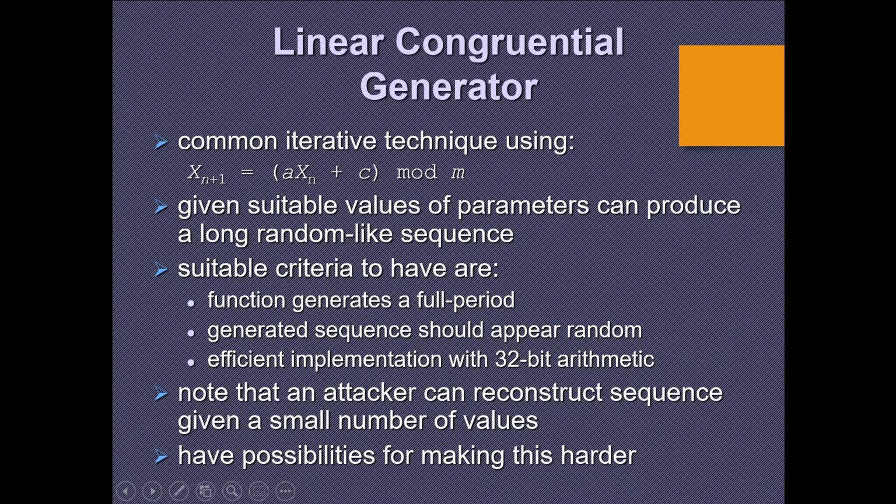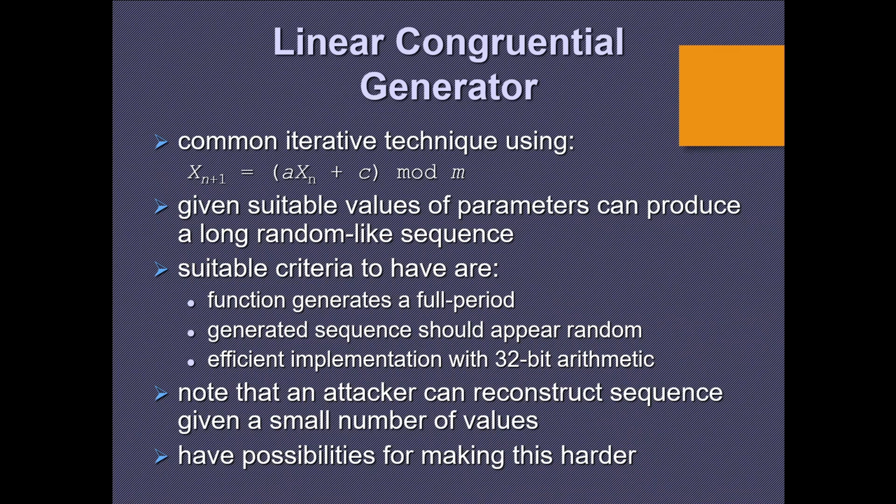By far, the most widely used technique for pseudo-random number generation is the linear congruential generator, first proposed by Lehmer. It uses successive values from an iterative equation. You can see the iterative equation here. It states X(n+1) = (a·X(n) + c) mod m.